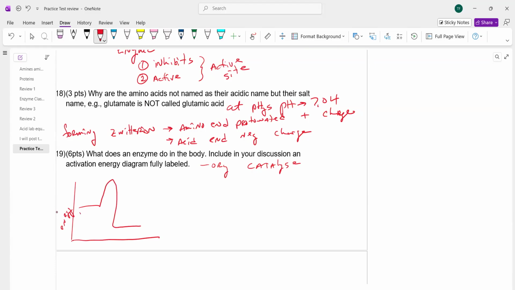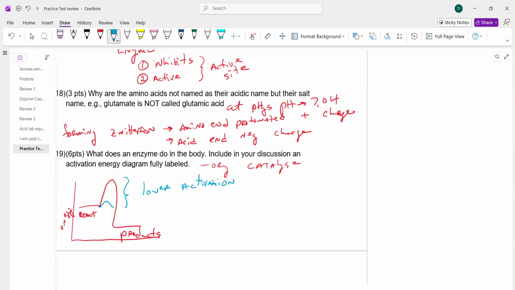So this is the reactants, products, and the blue would lower the activation energy.